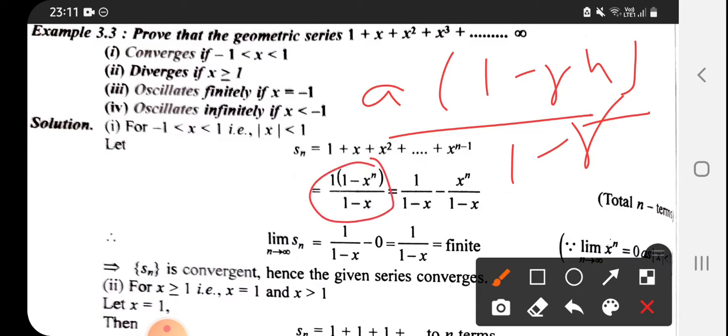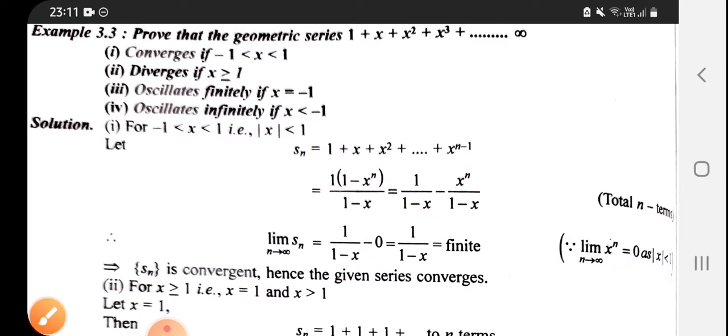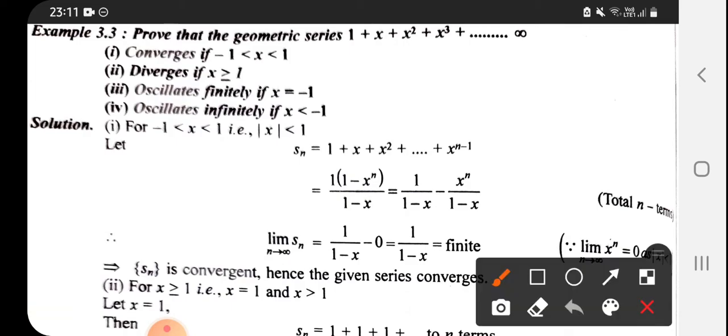Here we consider the common ratio mod x less than 1. Then we get this form by simplifying, and as n tending to infinity we get only this term, because x to the power n becomes 0 as n tends to infinity, as mod of x is less than 1.